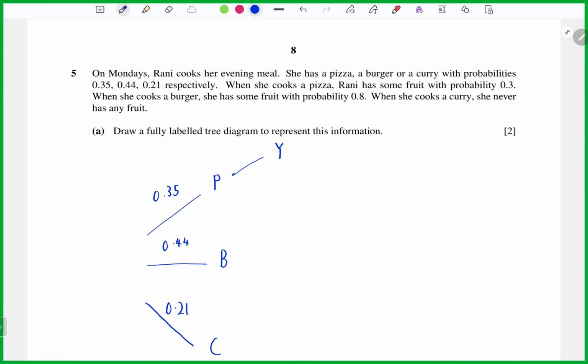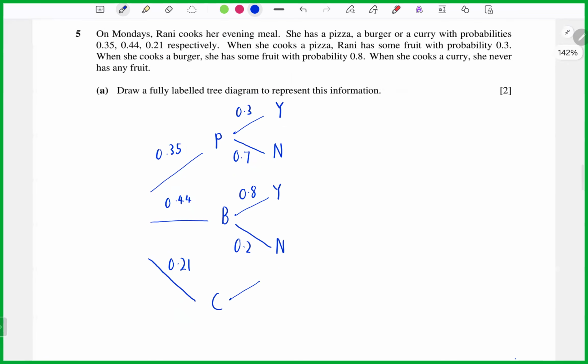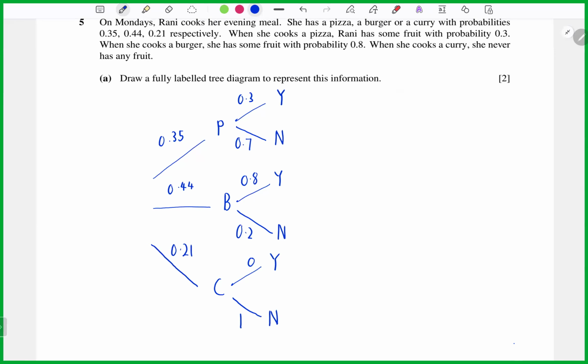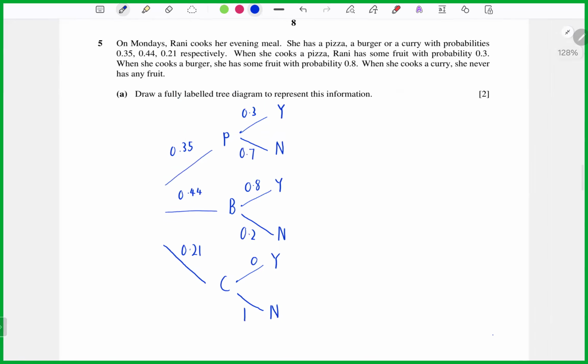I write Y, it means yes, 0.3. 0.7, it means no, she doesn't have fruit here. For the burgers, 0.8, she will have fruit, 0.2, no. For the last, quite diagonally, yes is 0 and no is 1. So your tree diagram is complete.